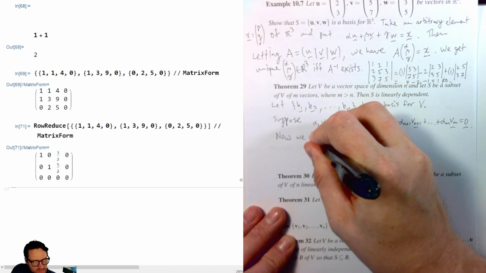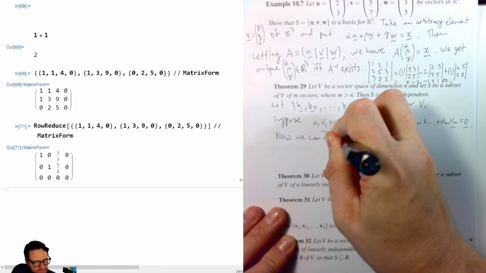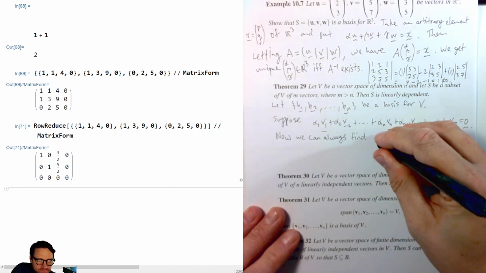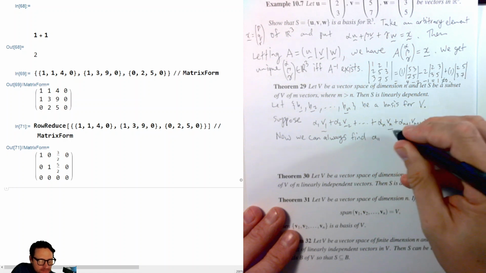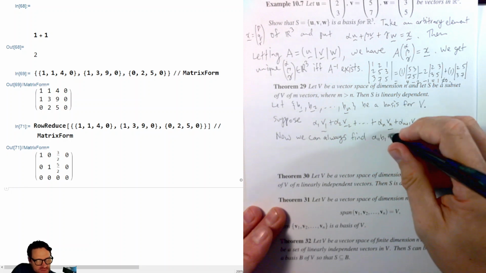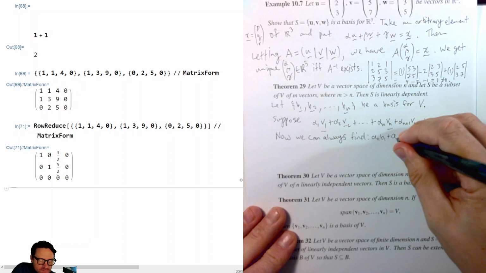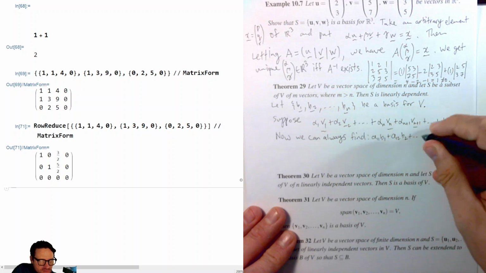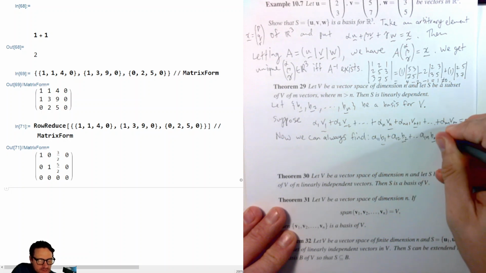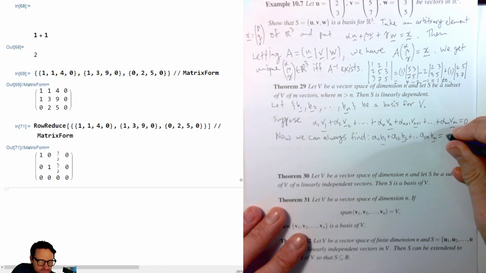So we can always find the coefficients: a11 B1 plus a12 B2 and so on, plus a1n Bn equal to V1, and so on.